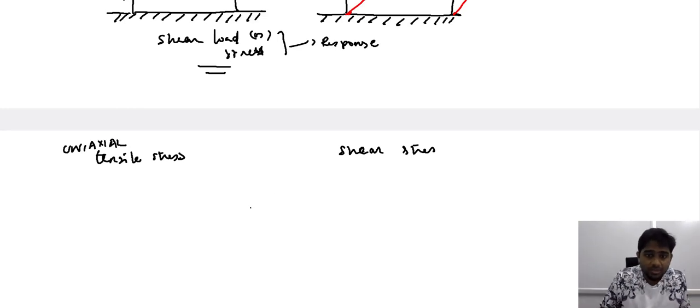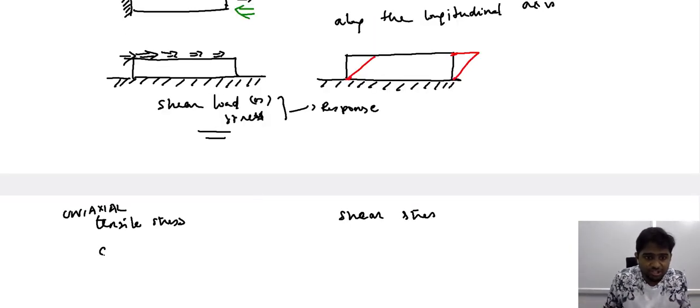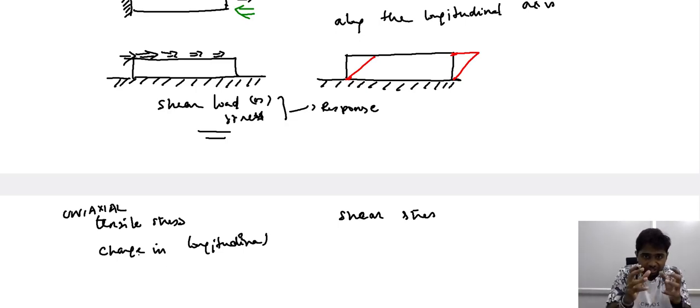In case of uniaxial tensile stress, what we observe is a change in the longitudinal dimension. Principally there is a change in the dimension along the loading direction. That is the principal response that we observe when imposing a uniaxial tensile stress.